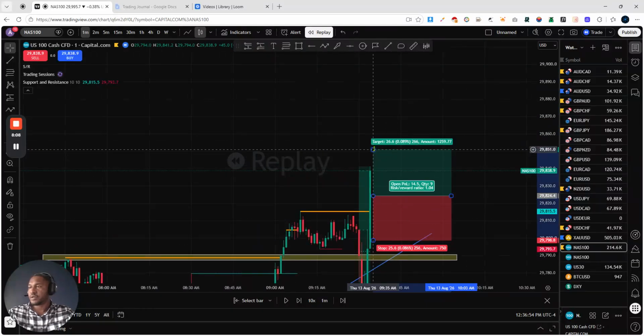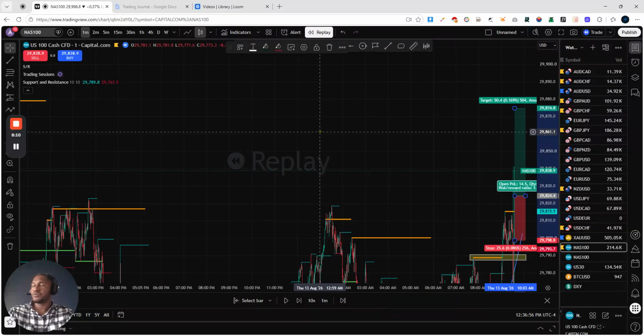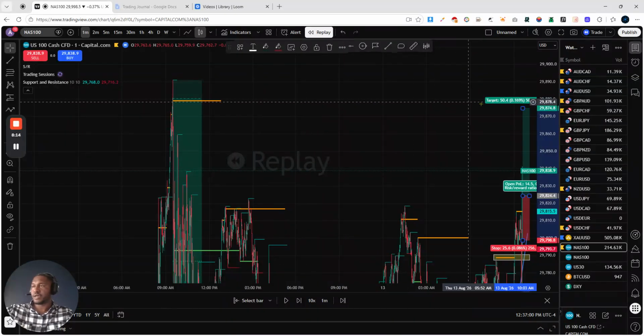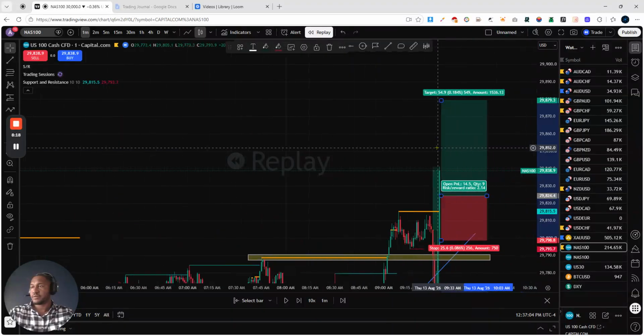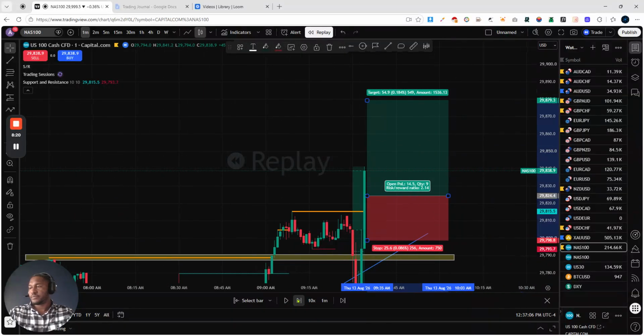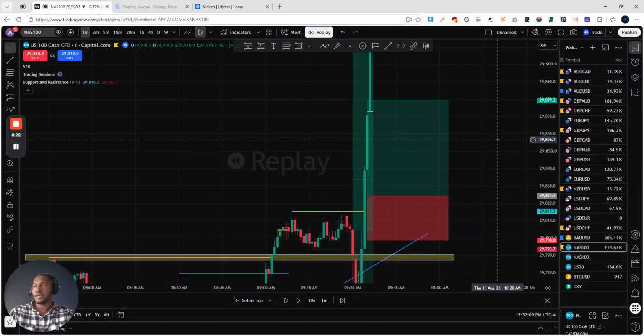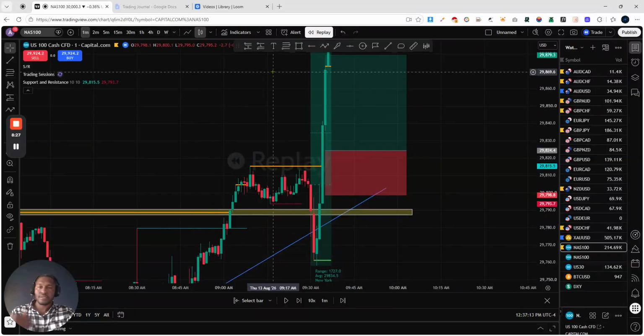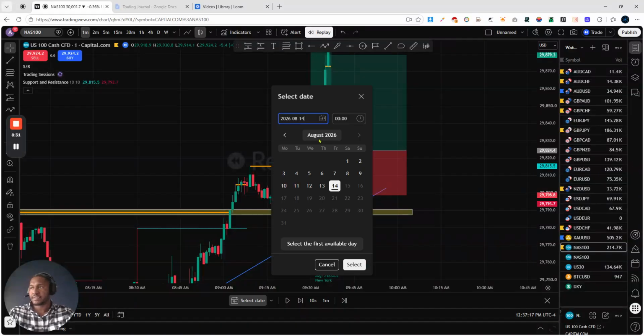I'm still using my supply and demand on the different indicators. So here, I'm going to say this is the next zone typically if price comes. And then, TP hit. Okay, so I started to back test this thing.